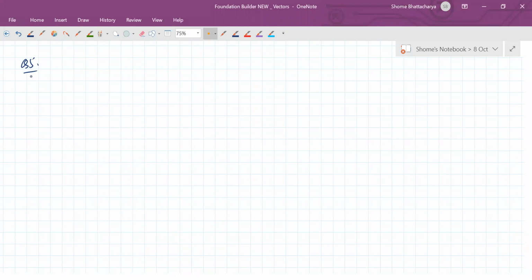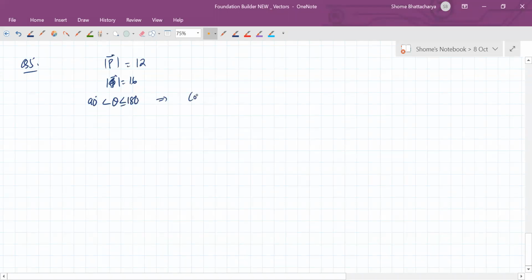So in this, given that vectors P and Q are of magnitude 12 and 16, an angle between them is obtuse. Okay. So magnitude of P is 12, magnitude of Q is 16, and the angle between them is obtuse. That means cos theta is a negative quantity.